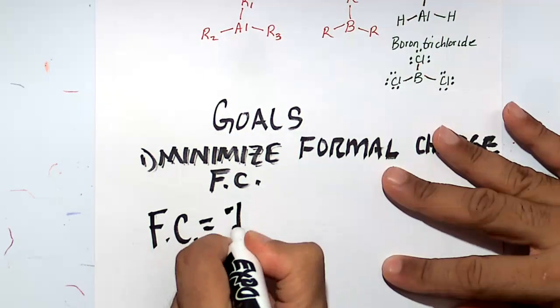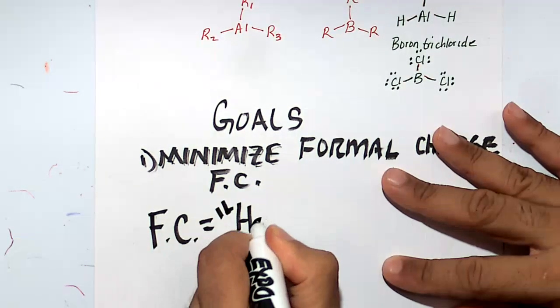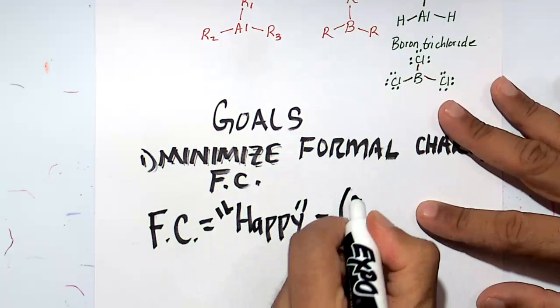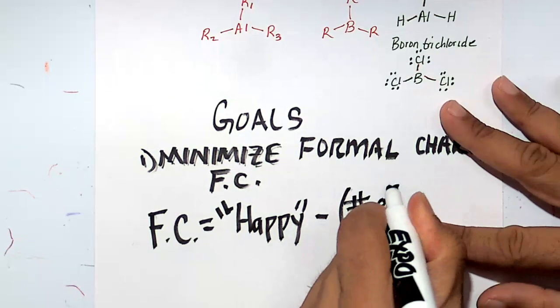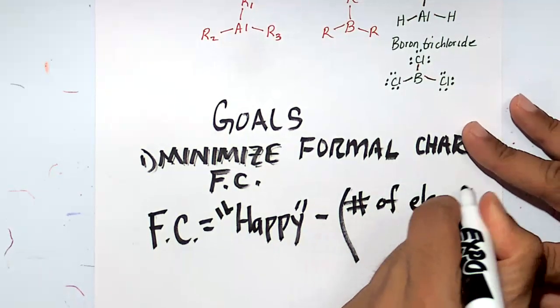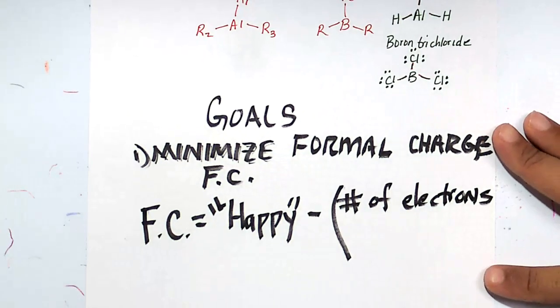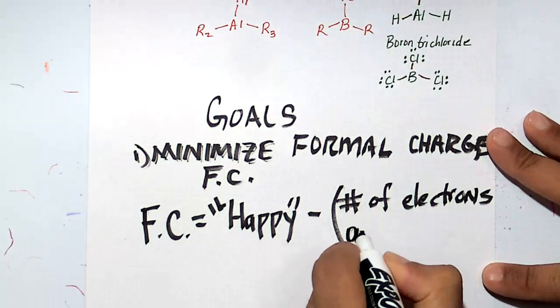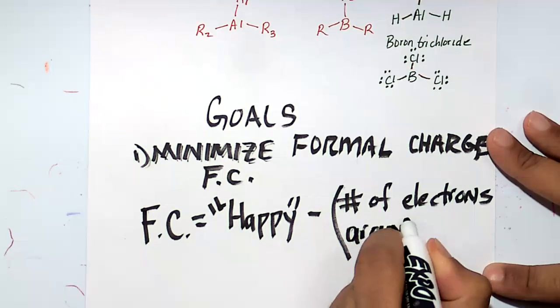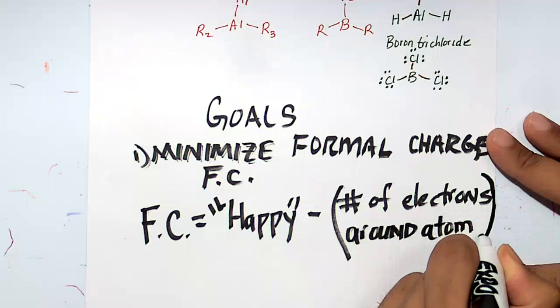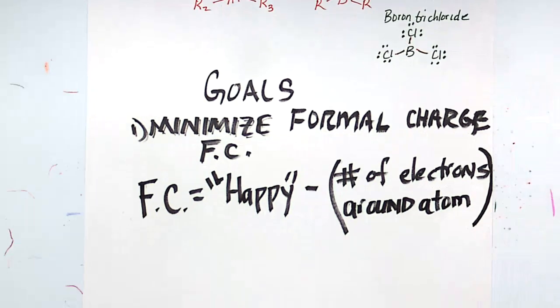Formal charge is happy minus number of electrons around the atom. So that's goal number 1. You want to minimize formal charge.